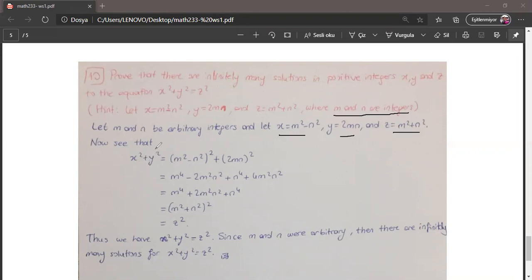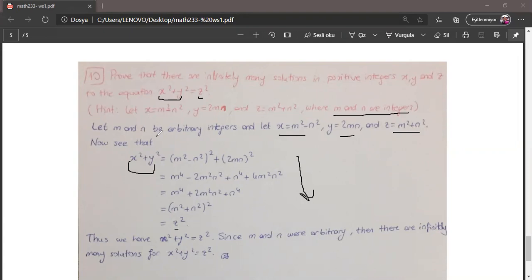So x squared plus y squared equals this. We know these equalities, so we plug them into the equation, do some operations, and get this: m squared plus n squared is z squared. Here we have the left side of the equality, and here the right side.